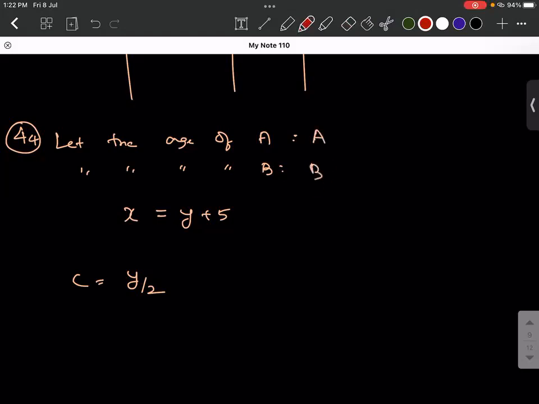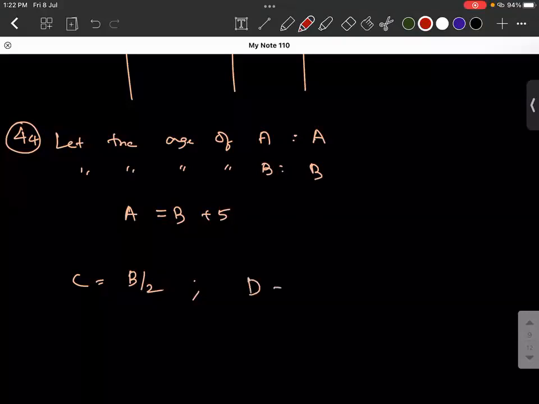Can I write A is equal to B plus 5? Then C will be equal to B by 2. A's father D is 8 years older, 8 plus twice the age of B, so 2B.